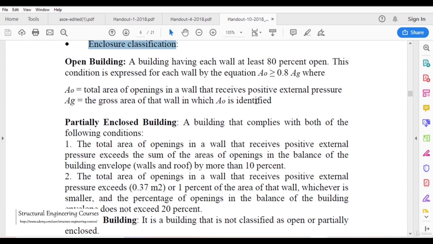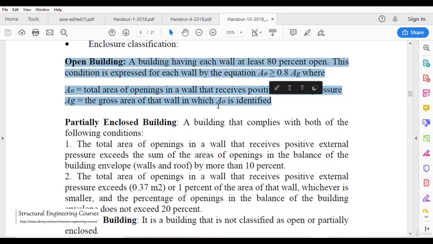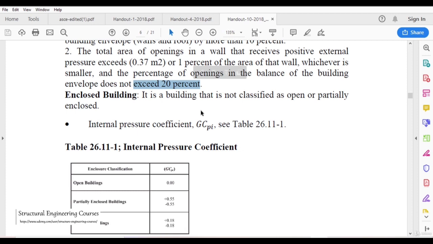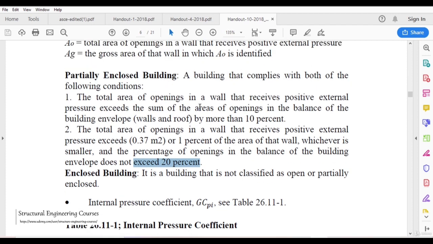So if your opening area is greater than 80%, then it means that your structure is open. If your opening area is in the range of 20%, then it is partially enclosed. And for enclosed, let us first of all study the partially enclosed.